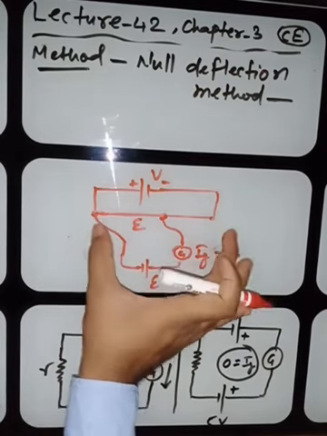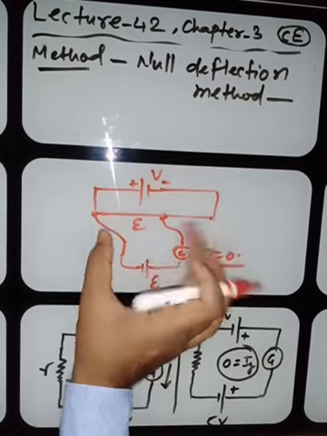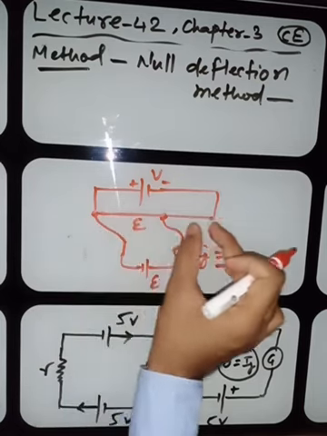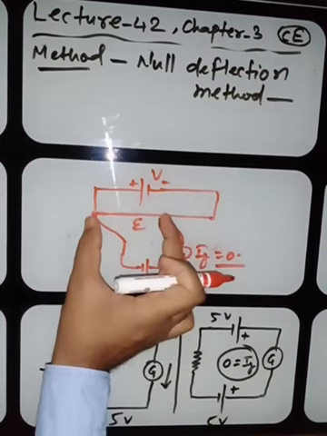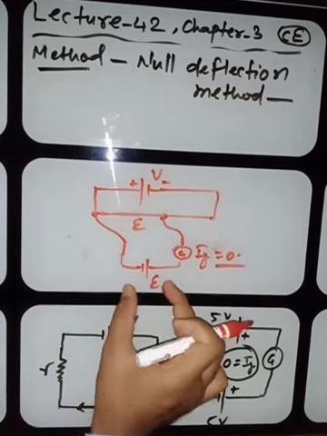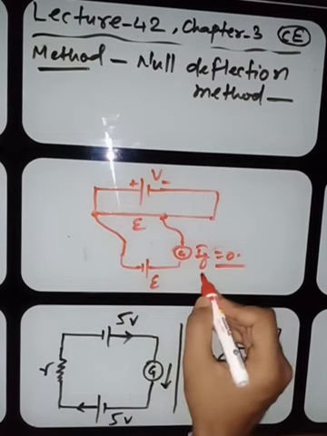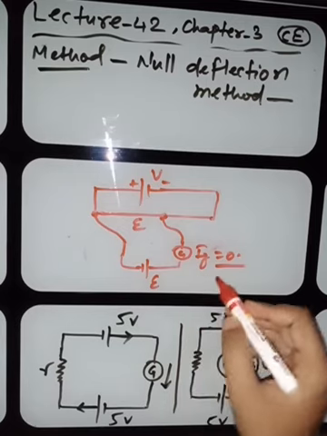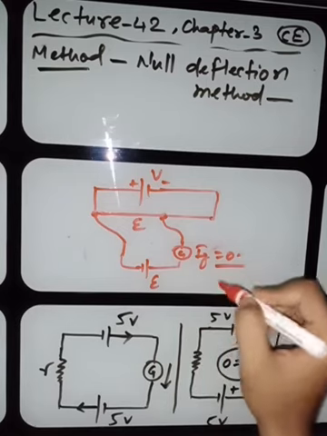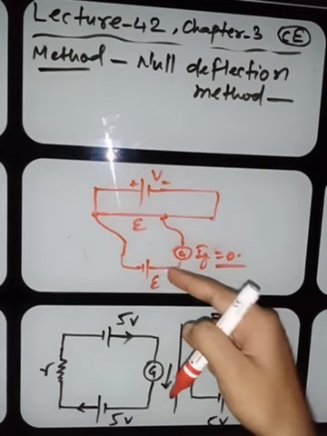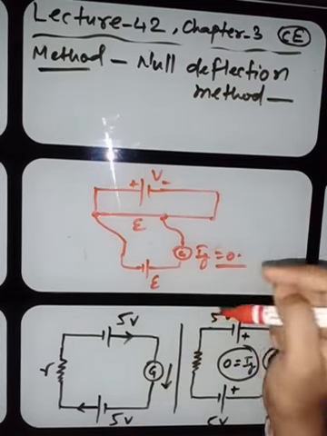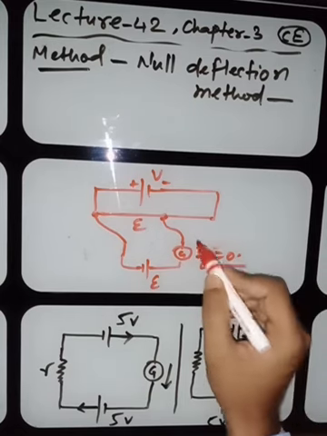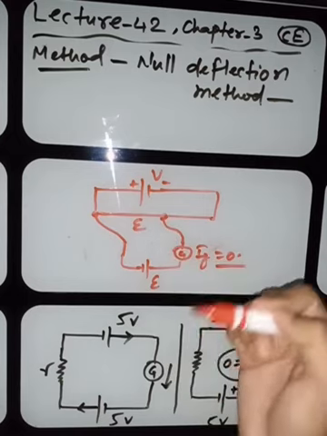You know that the voltage across this wire is V, but for each length the voltage is not V. It is divided in many parts. If this part has a voltage equal to E, only at that point does the galvanometer show deflection 0. Remember, this is the particular method of the potentiometer, which is called the null deflection method. This particular point is called the balance point that we will use.